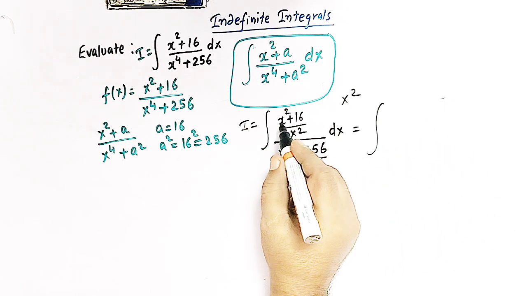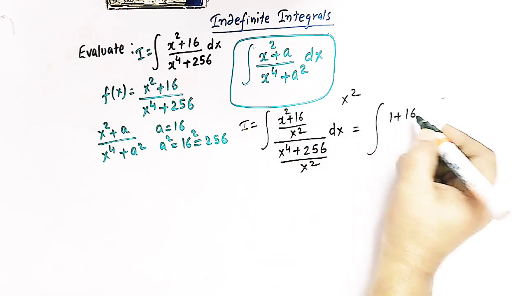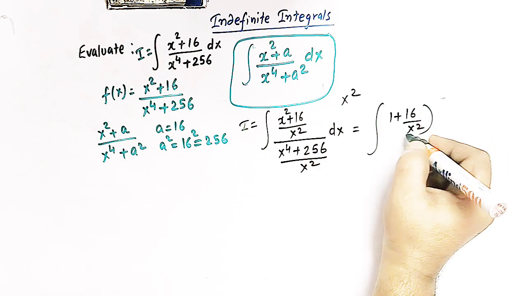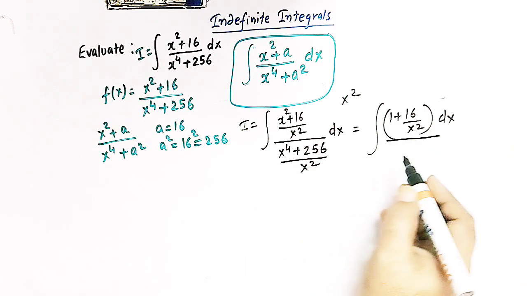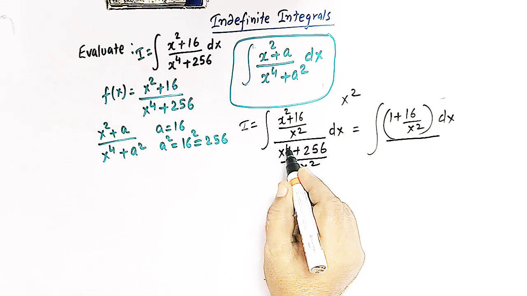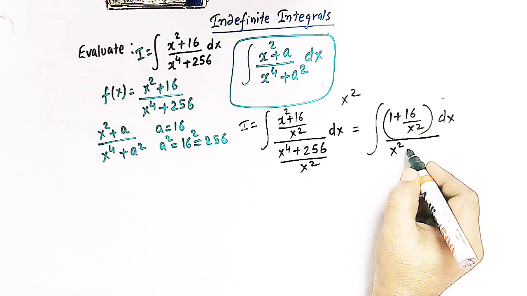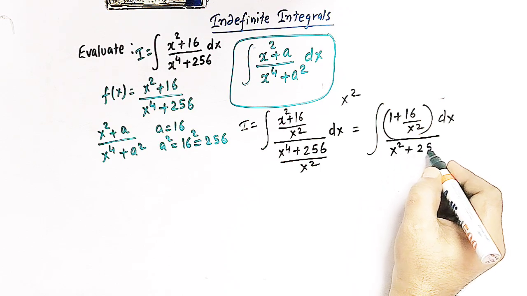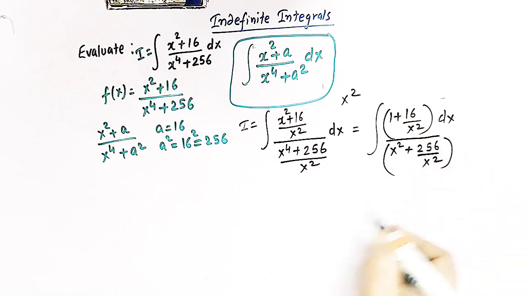So now we can write this expression as 1 plus 16 over x square, and in the denominator we get x square, and here we have 256 over x square.